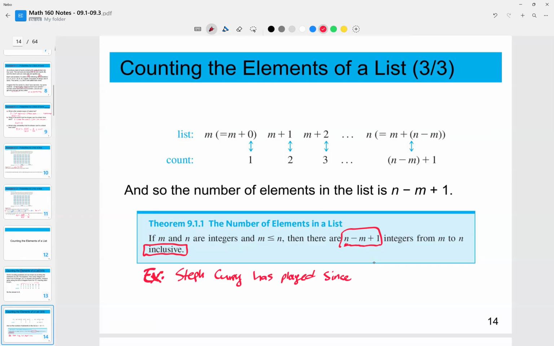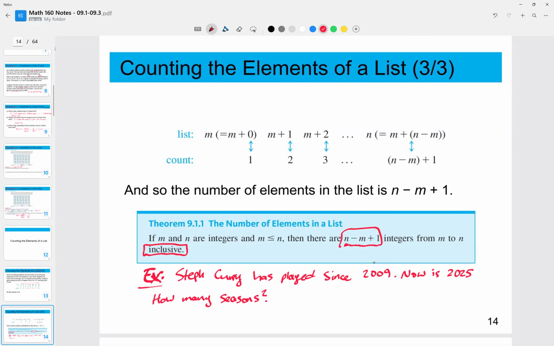What was his first season here? So that was the 2009 season. Okay. And right now it's 2025. So how many years has he played? So how many seasons?